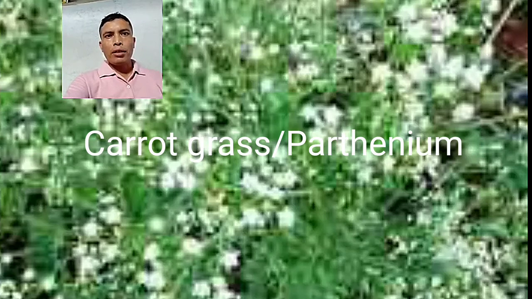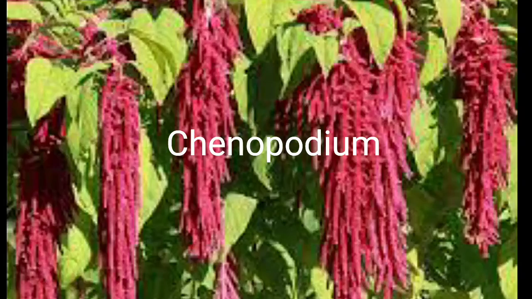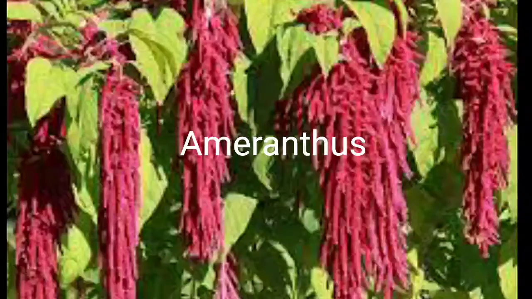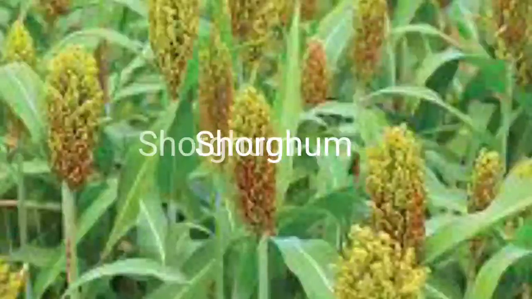The major contributors to pollen allergy are carrot grass, Parthenium, Chenopodium, Amaranthus, sorghum, Cynodon, etc. The pollen grains of such plants develop allergy and produce respiratory disorders like bronchitis, rhinitis, asthma, etc.